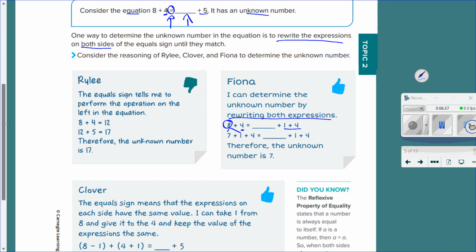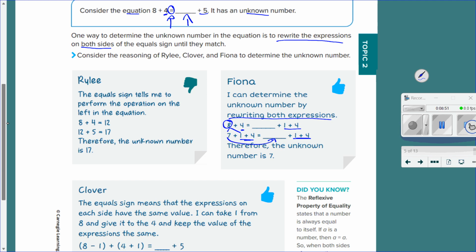Okay? So now that I've done that, now I have a 1 plus 4 on this side and a 1 plus 4 on this side. So the only difference is my blank, which is 7. I already put the answer down. It's called showing what's in your head.